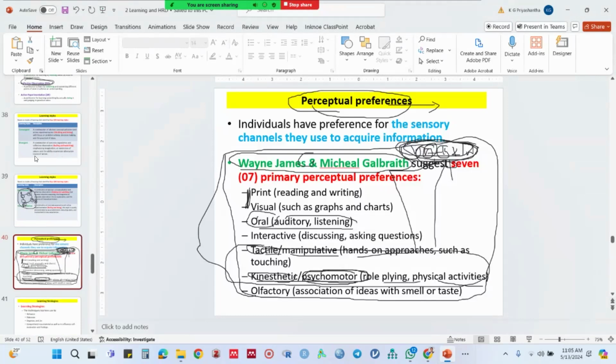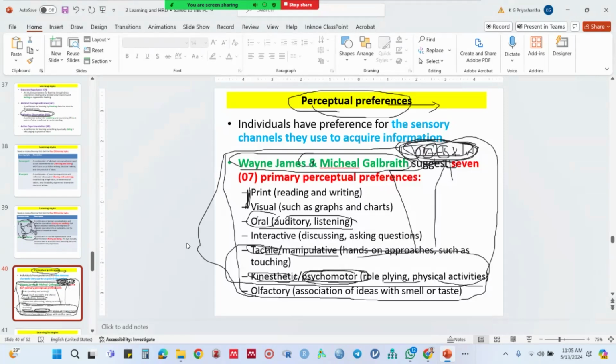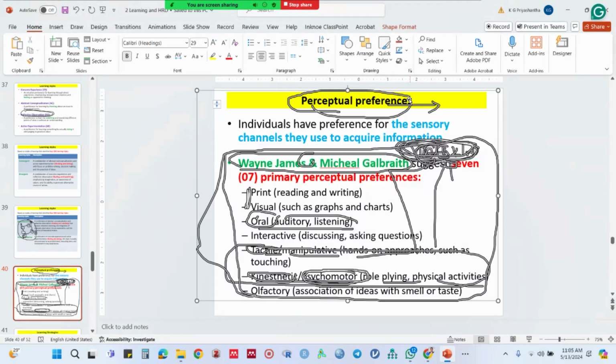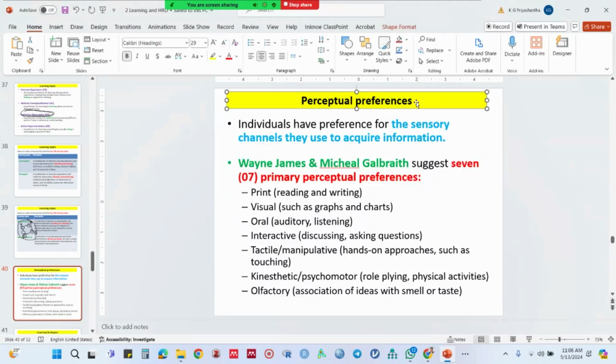Which means that this is learning preferences or style. Make it correct in your slides as well, right? So this comes first.